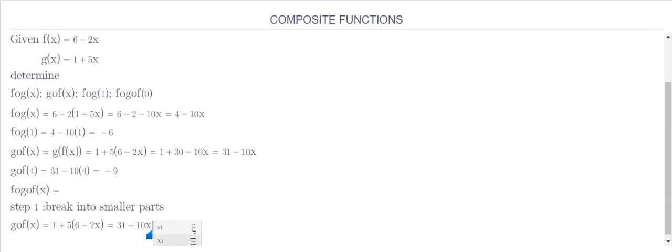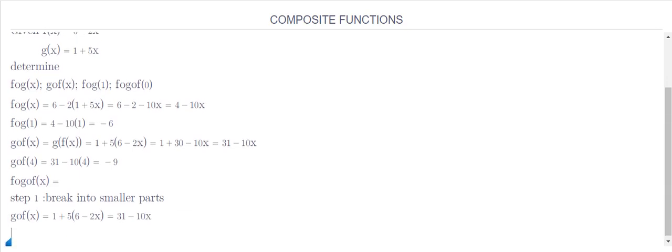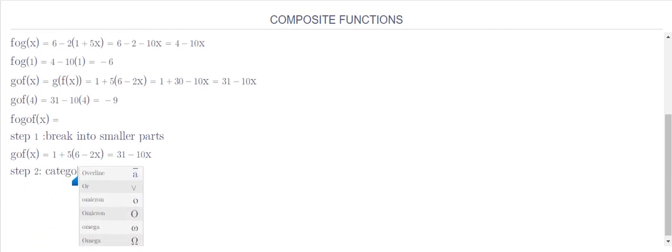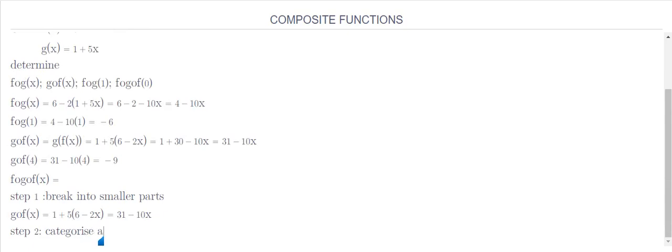Then the last part is now the second step, step 2. To make your work easier, categorize the already evaluated part as a whole and evaluate the remaining part.